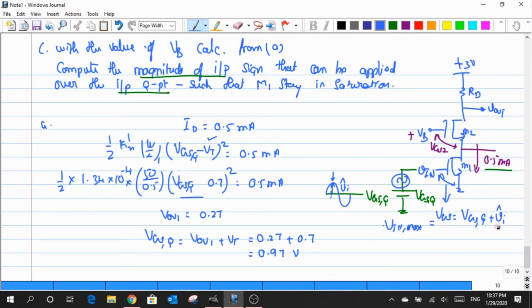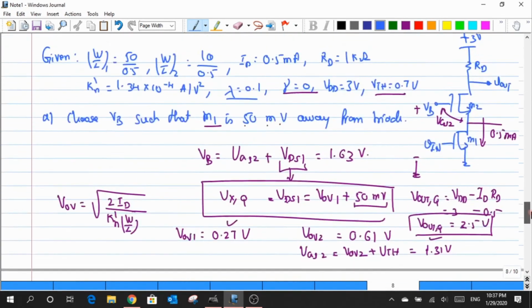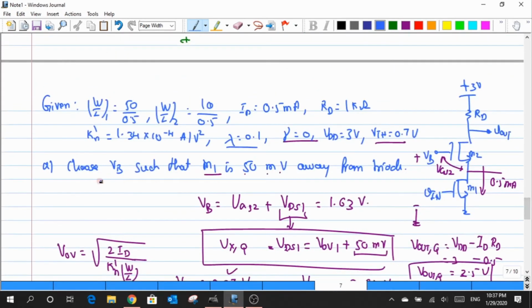How would I identify the magnitude of this signal that is swinging around this Q point at the input? You have to remember that the question had a beginning, where I defined the value of VB, which said that M1 is away from the edge of saturation by a factor equal to 50 millivolt. I'm going to use this quantity.